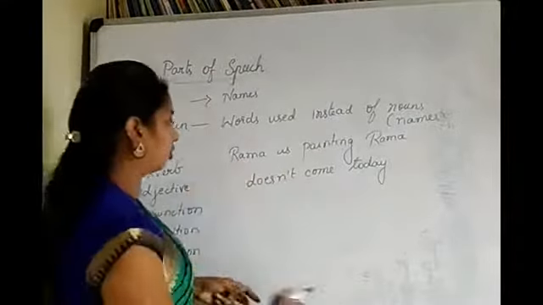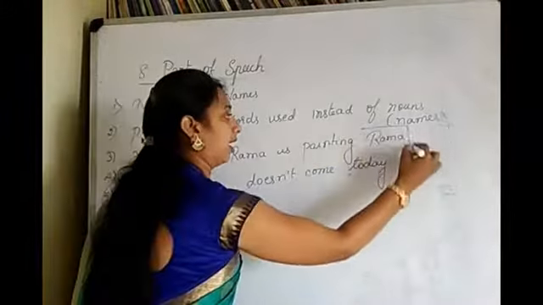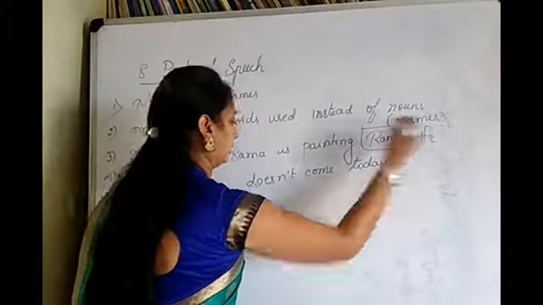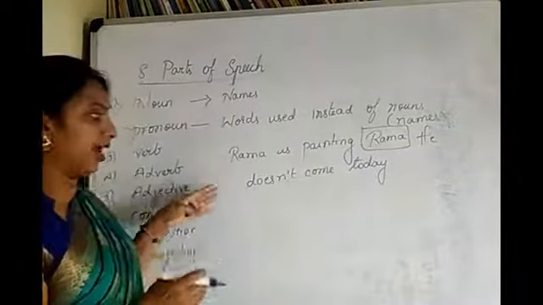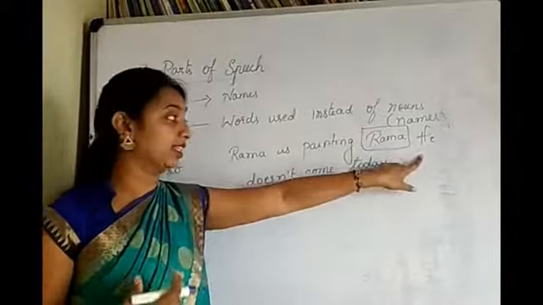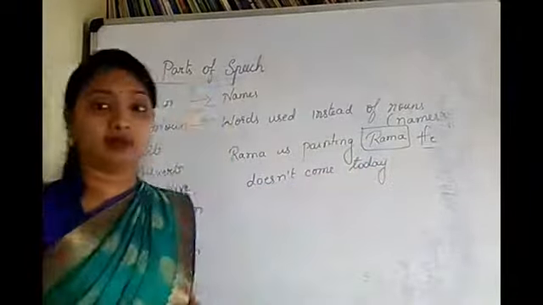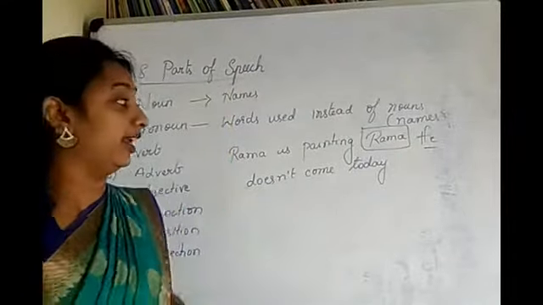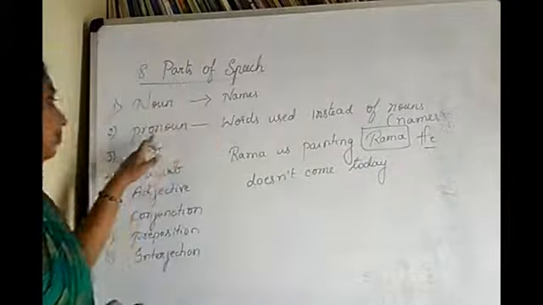So, I'll just go for Rama is painting. But here, instead of Rama, I can go for he doesn't come today. So, Rama is painting, he doesn't come today. He is the word which we are using instead of a noun, Rama. That is why he is a pronoun. Are you getting, children? Instead of a name, we use a word and this word is known as a pronoun.